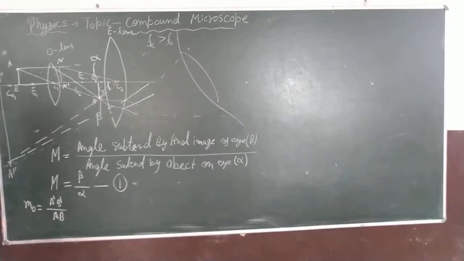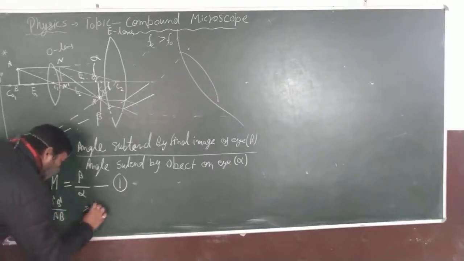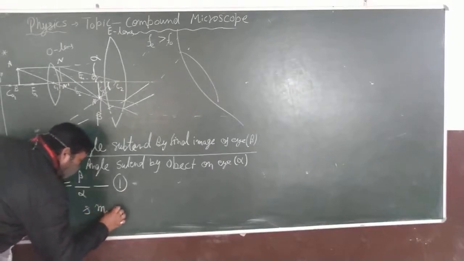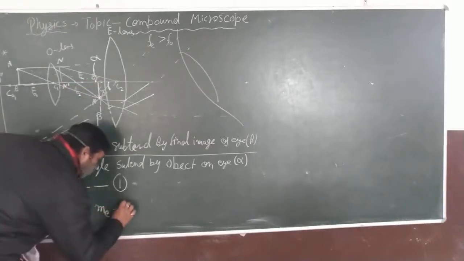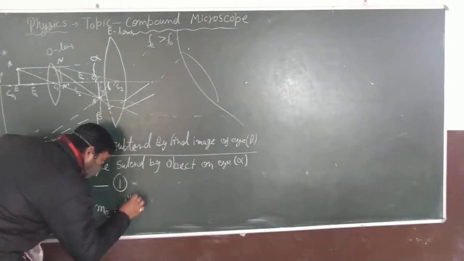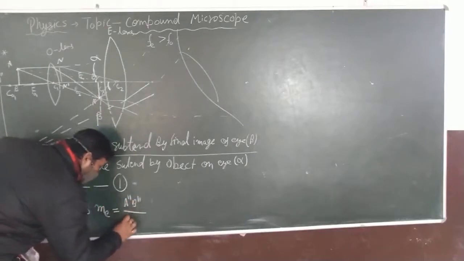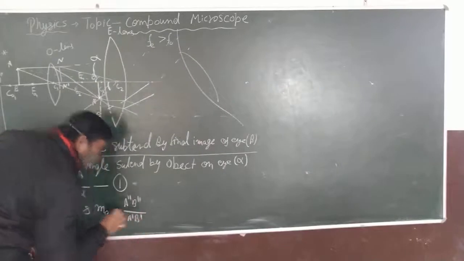And the magnification of the eyepiece: the object for the eyepiece is A dash B dash and the image formed by it is A double dash B double dash, so it is A double dash B double dash upon A dash B dash.